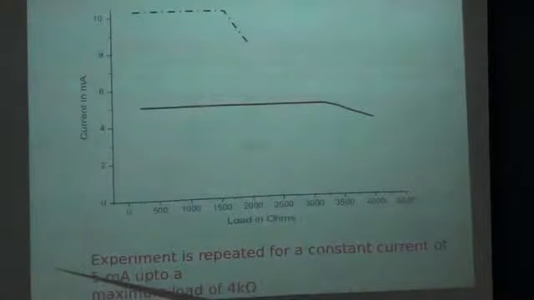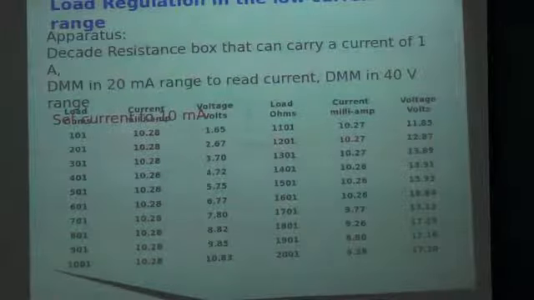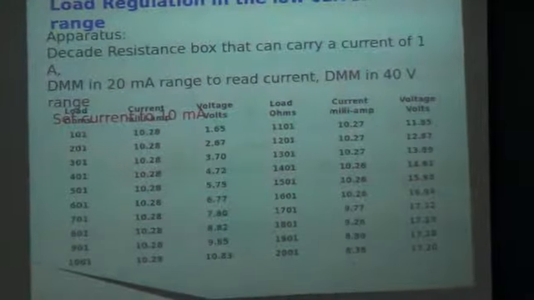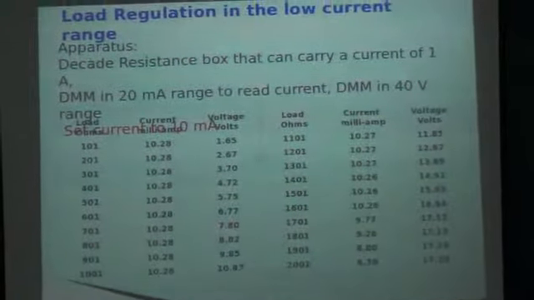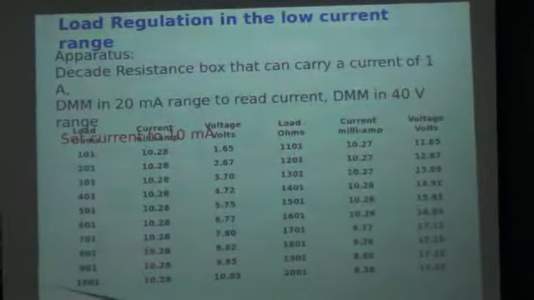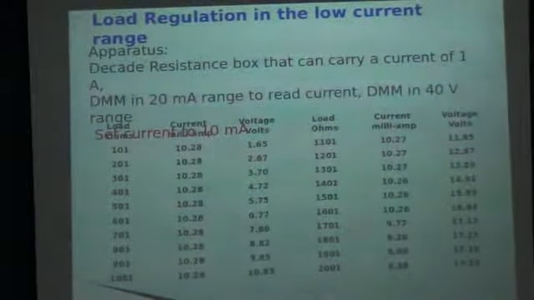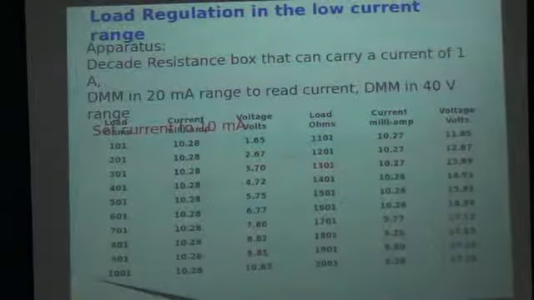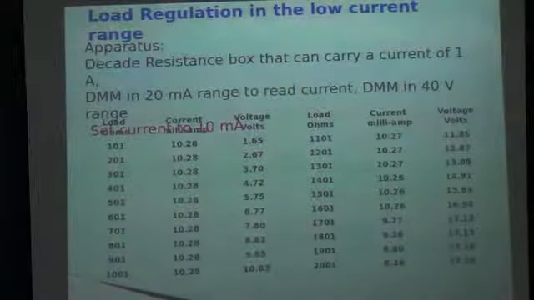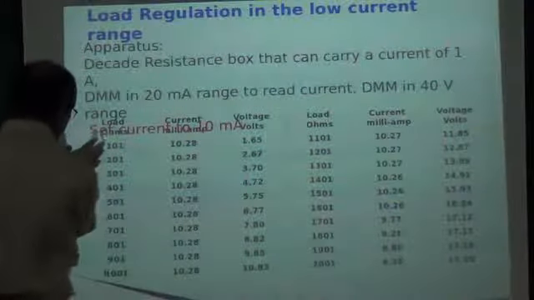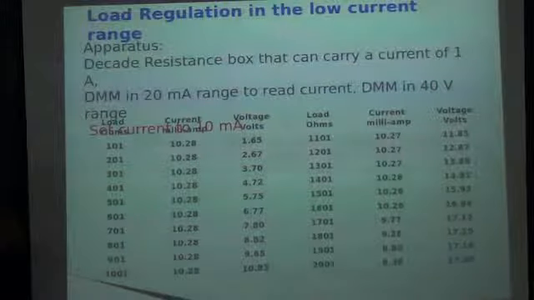Okay, you can do one experiment to check the load regulation in the low current range and the load regulation in the high current range. You have a constant current source, and you can set it in the low current range. Now what you need is a decade resistance box that can carry a current of 1 ampere, giving resistances 100, 200, 300, 400, 500, up to 1000 kilo ohms.